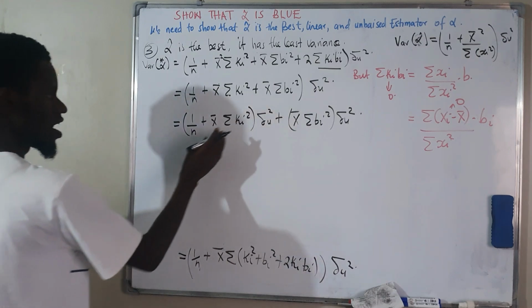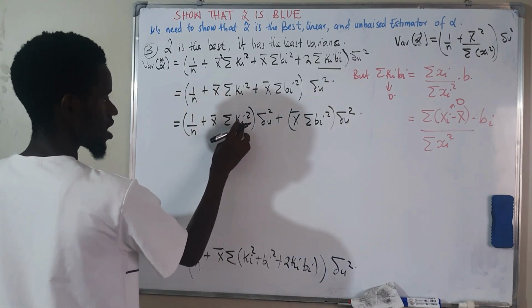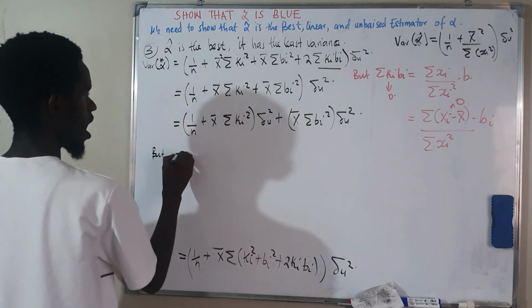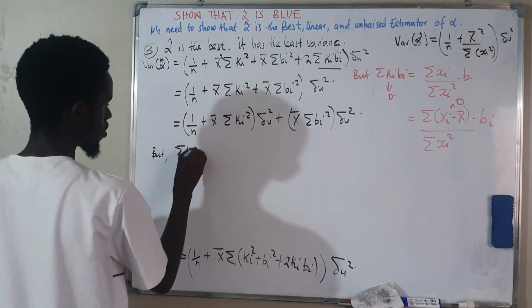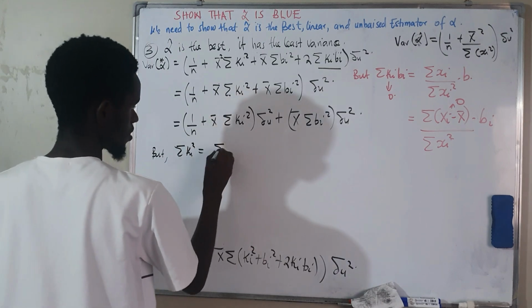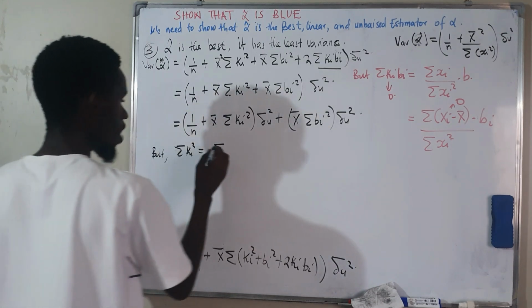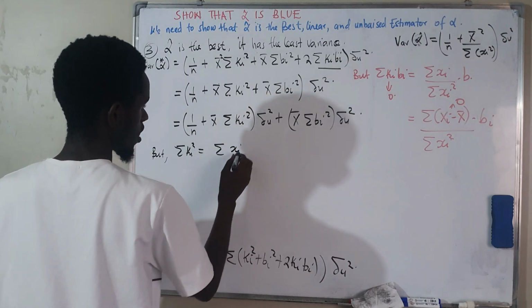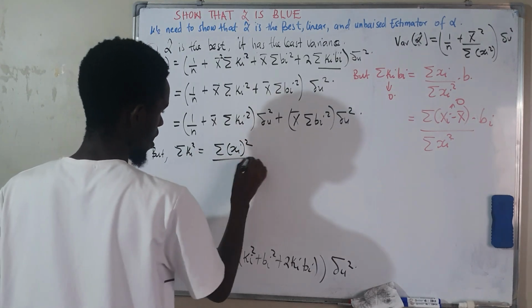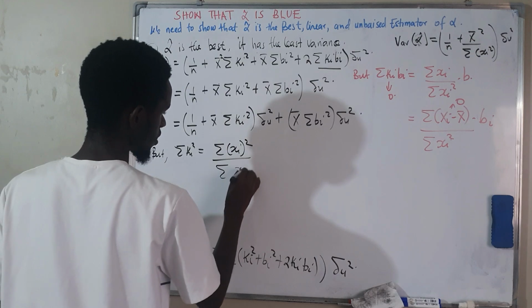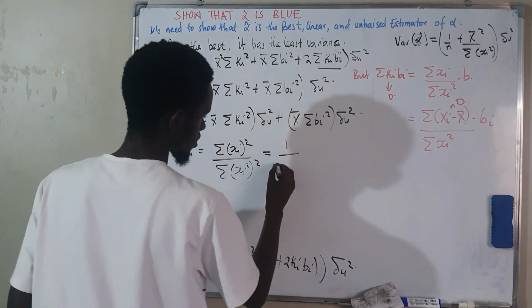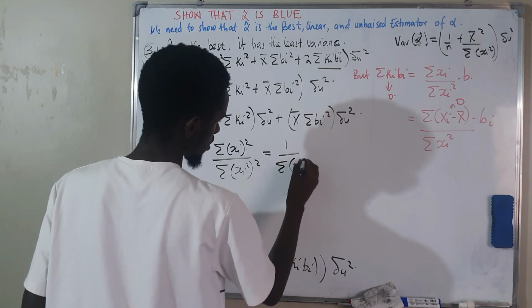Now from this step, if I try to expand this ki squared, remember from the previous one we said that the summation of ki squared is the same as summating ki, which is xi divided by the summation of xi squared, then I square it again. The same thing as having 1 over the summation of small xi squared.